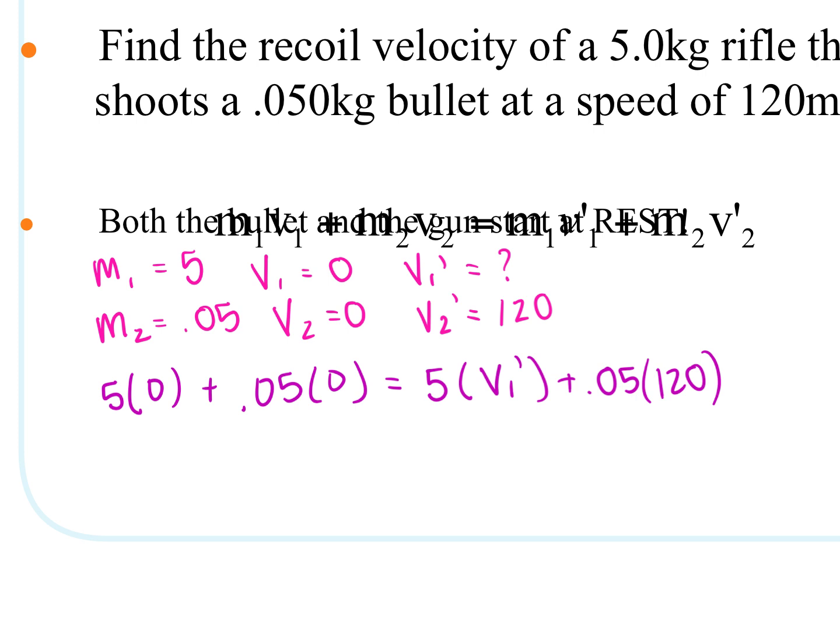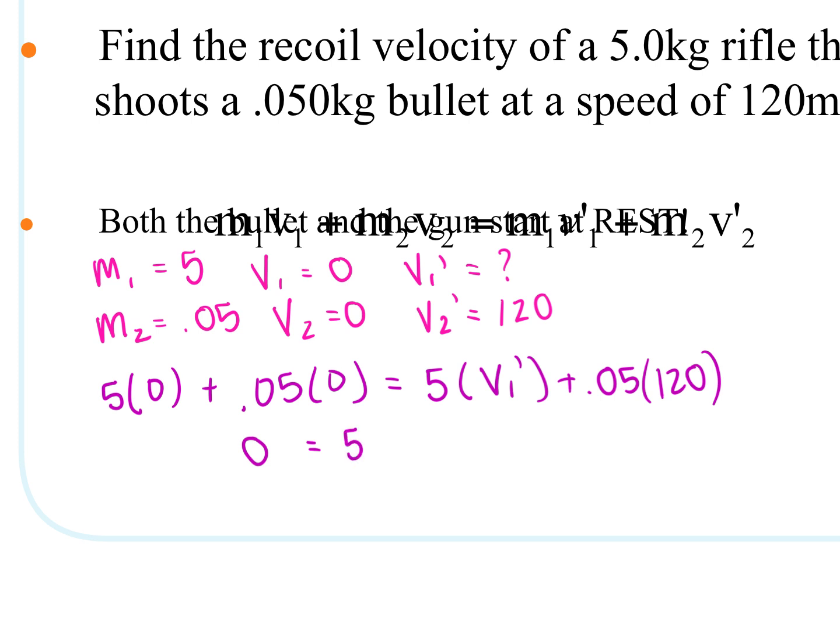Do you see what's the momentum of our system pre-collision? 0. It's 0, right? Nothing is happening pre-collision. So that means post-collision, these things have to be going in opposite directions, right? For the sum of our post-collision momentum to equal 0, the bullet's got to go forward and the gun has to go backward, right? Because our pre-collision momentum was 0.